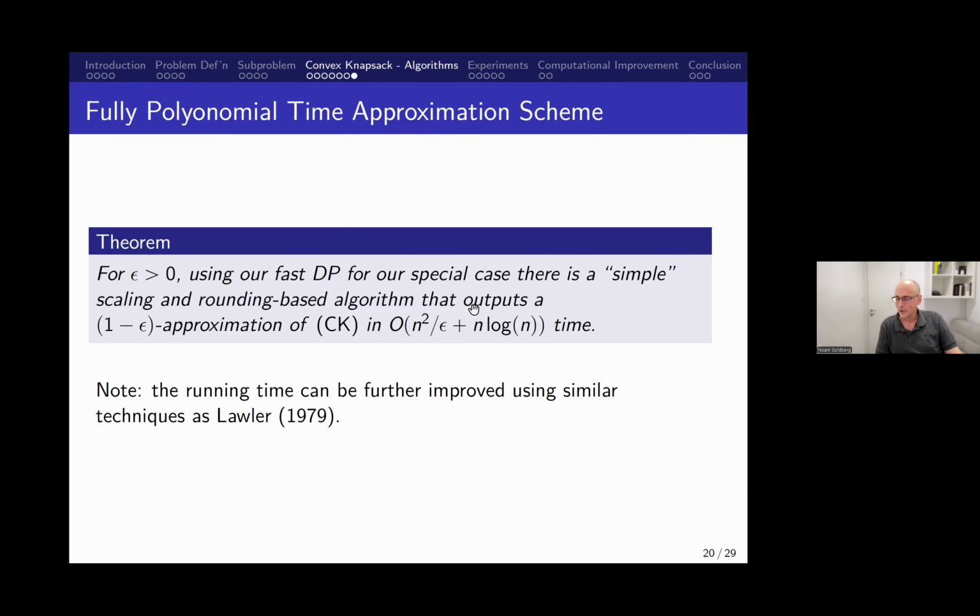We can extend the previous DP algorithm that I showed to an FPTAS by straightforward scaling and rounding, the standard approach, and we get this complexity that again is not strictly comparable to any of the previous results. For our case, it's better than the previous result that I showed from the literature.